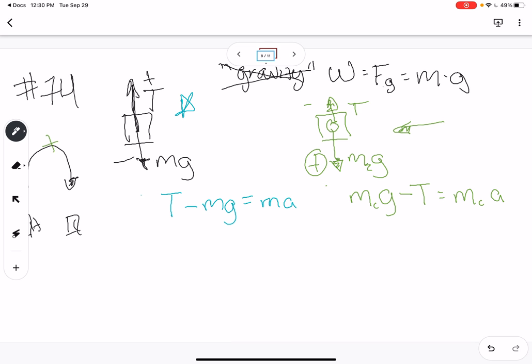To do that, I'm going to add the mass of Robin Hood times gravity to both sides. I'm going to get a rearranged equation that says the tension of Robin Hood is equal to mass times acceleration of Robin Hood plus mass times gravity of Robin Hood. This is the same thing as tension.